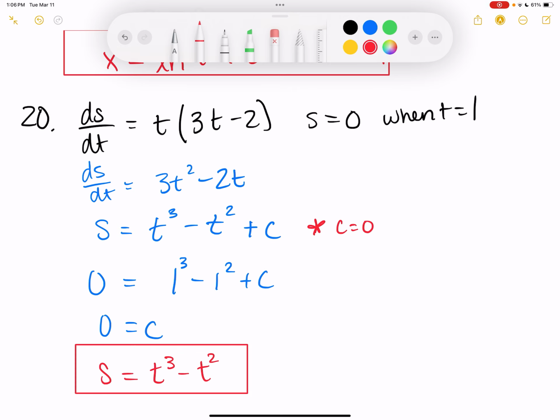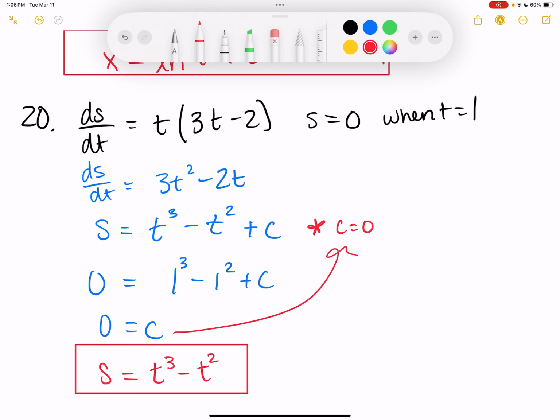I'm just noting up here c equals 0 from what I found, so that I'm aware that I didn't just forget a step. That's smart. Even if you've already shown 0 equals c, it's good to have it all together with your final answer.